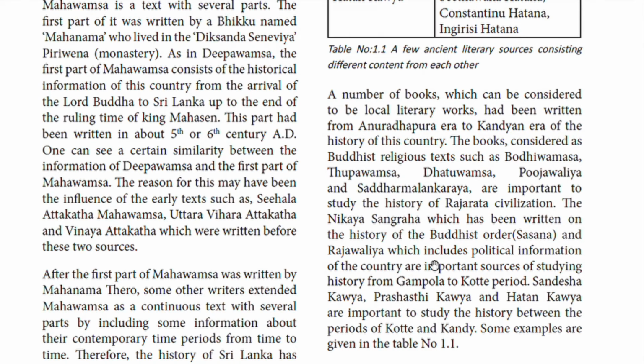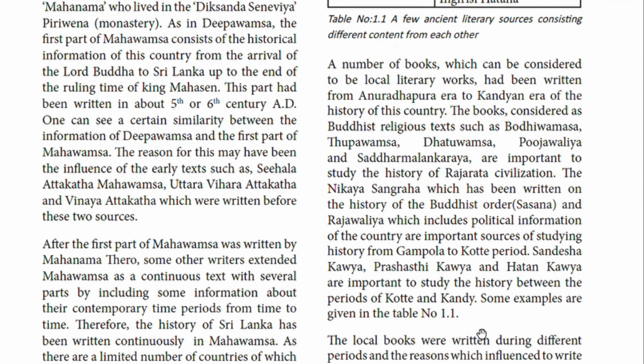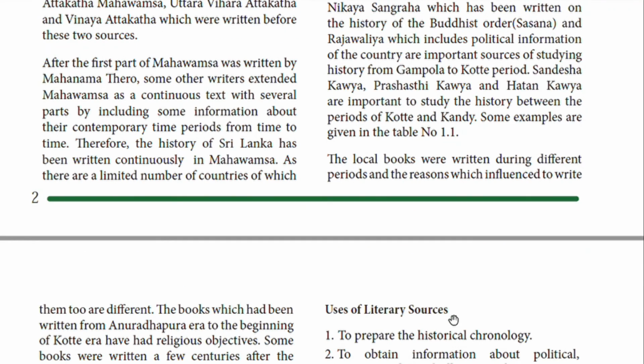These are important sources for studying history from the Gampola to the Kotte period. Sandesha Kavya, Prasasti Kavya and Hatan Kavya are important to study the history between the periods of Kotte and Kandy. Some examples are given in table number 1.1.